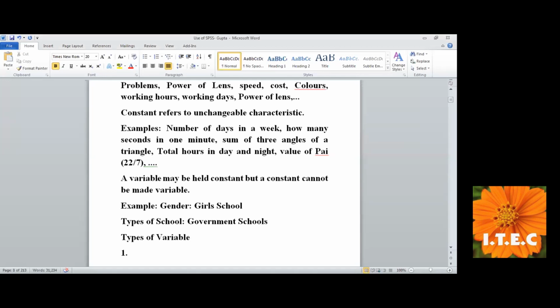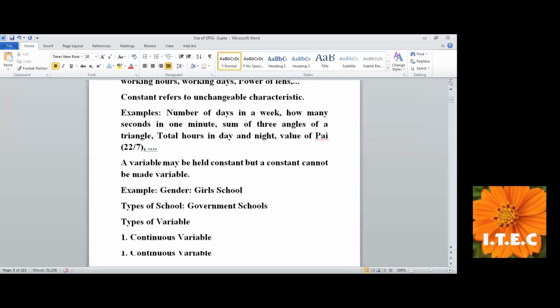There are two types of variable. One variable is called continuous, and another variable is called discontinuous, or you can say discrete.